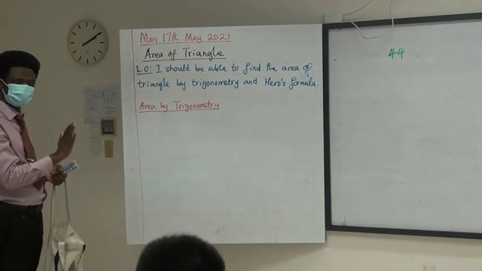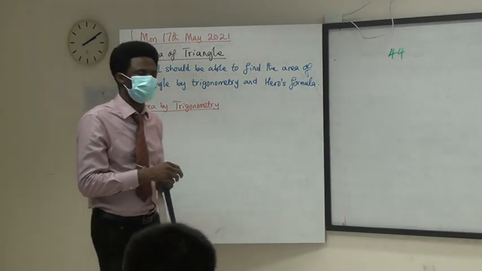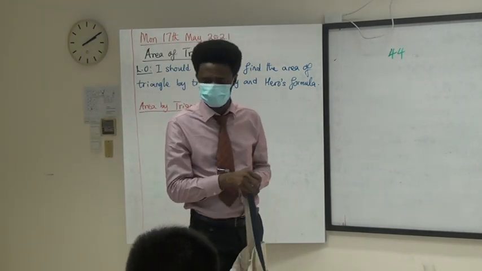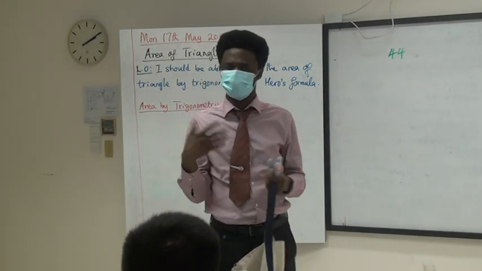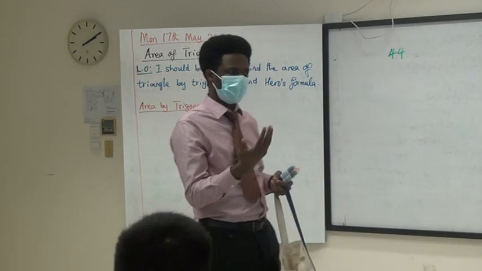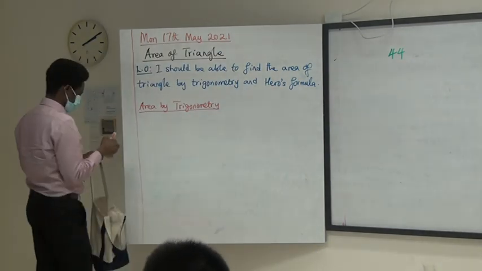Now, there is a condition to use this approach. When your half base times height fails and you have the following information.